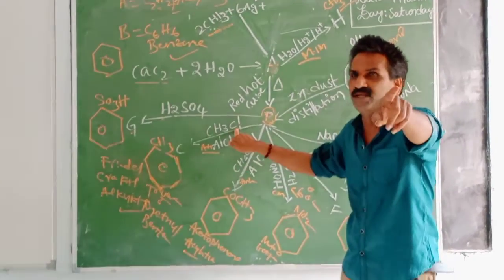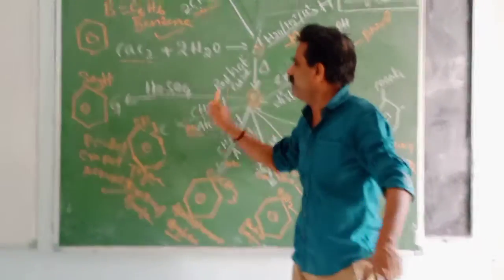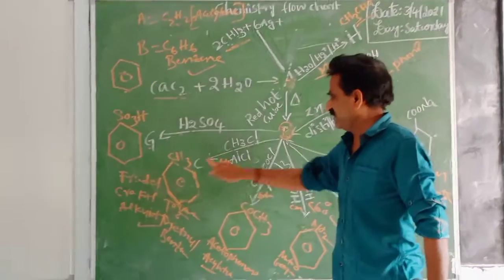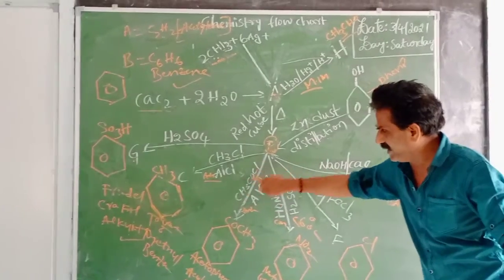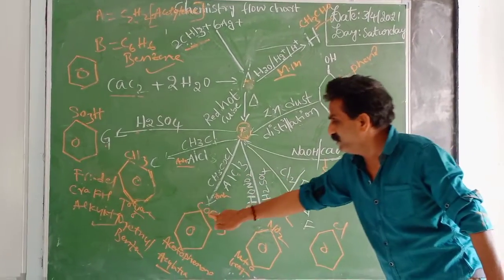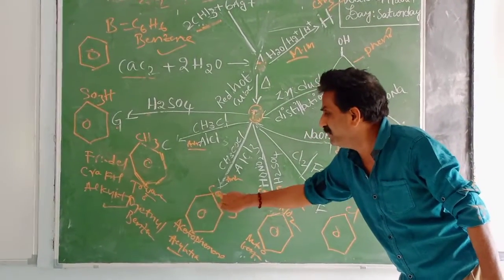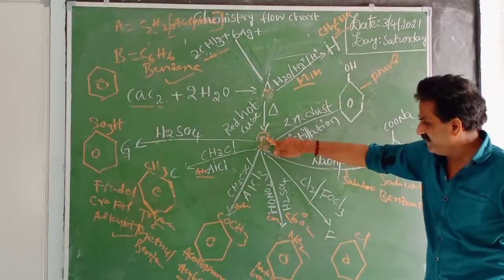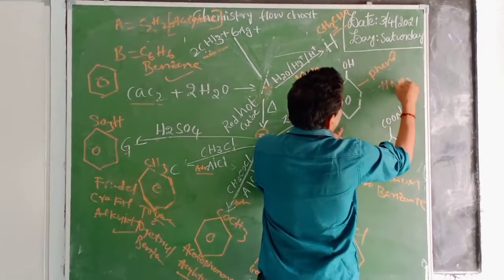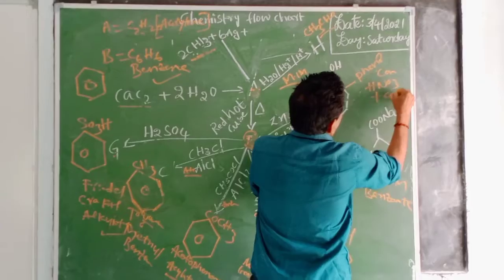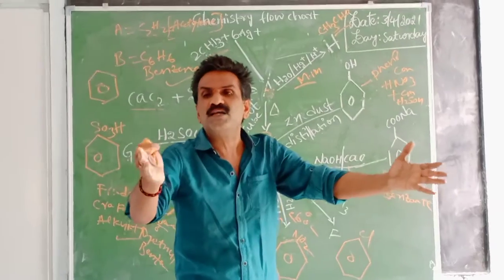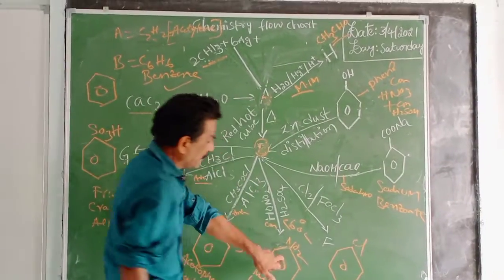Most important challenge question: benzene to methyl benzene, benzene to toluene, or Friedel-Crafts alkylation reaction. Benzene reacts with acetyl chloride, CH3COCl, in presence of anhydrous AlCl3, we get acetophenone. Benzene reacts with the nitration mixture, a mixture of con HNO3 and con H2SO4 in 1:1, we get nitrobenzene.